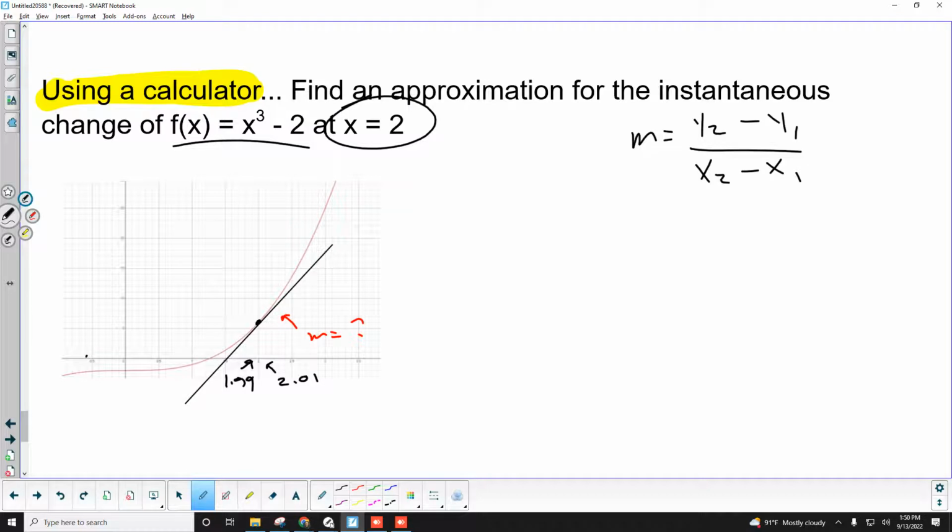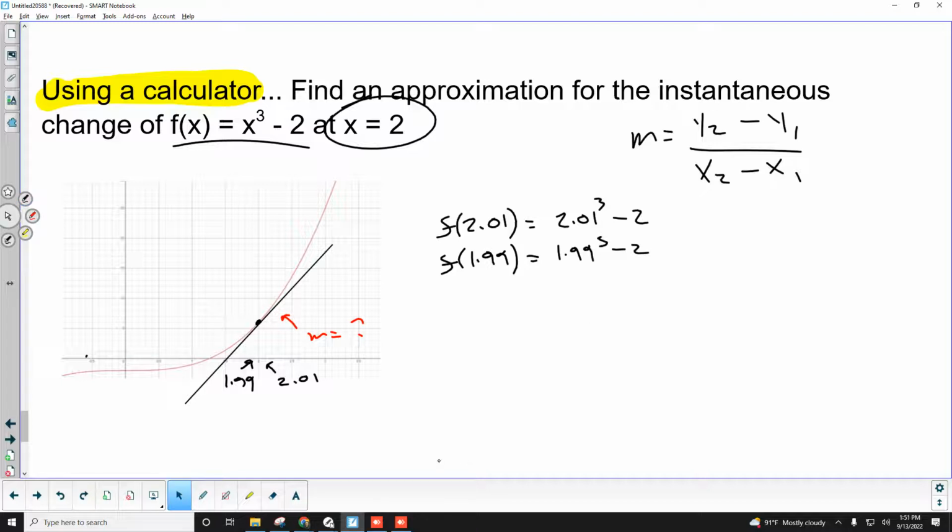Now I'm going to go ahead and do this because what Newton couldn't do, I can do. He did not want to spend the time taking 2.01 and cubing it and then subtracting 2. He did not want to spend the time taking 1.99 and cubing it and subtracting 2. But I can, if you give me a second.